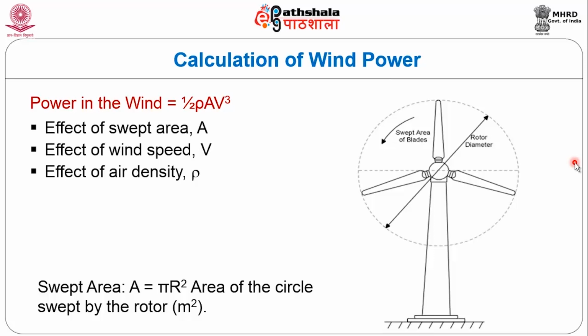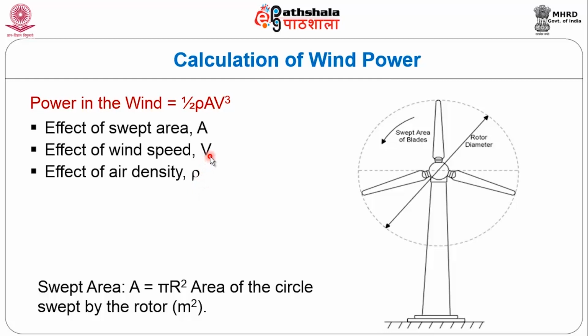This is about the calculation of wind power. The power in the wind is half rho A V cubed, where A is the swept area, V is the wind speed, and rho is the air density.